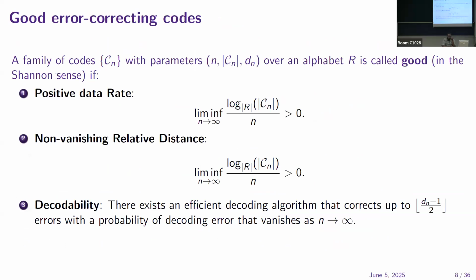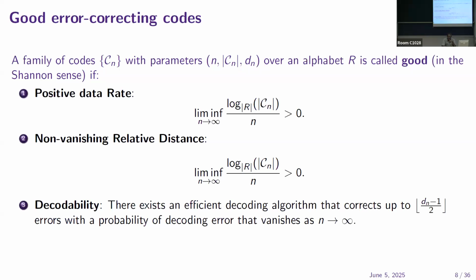A family of codes Cn with parameters n, cardinality of Cn, Dn over the same alphabet A is good in the Shannon sense if the limit inferior of the data rate is different from 0, and the limit inferior of the relative distance is different from 0, when the length becomes as large as possible.